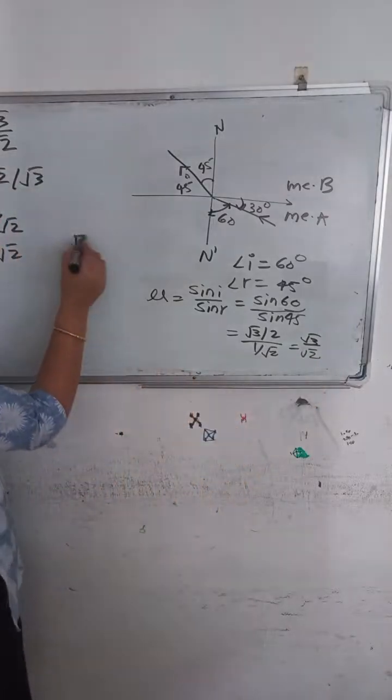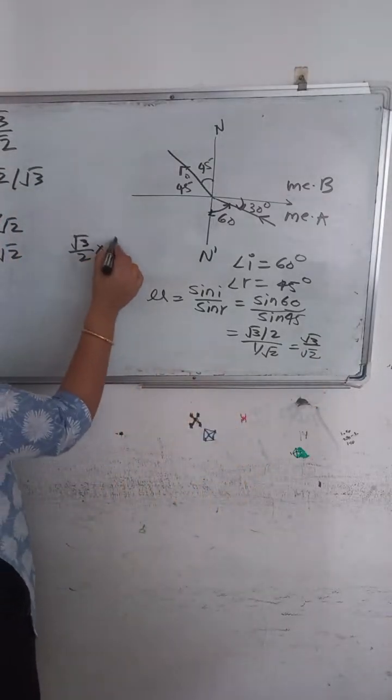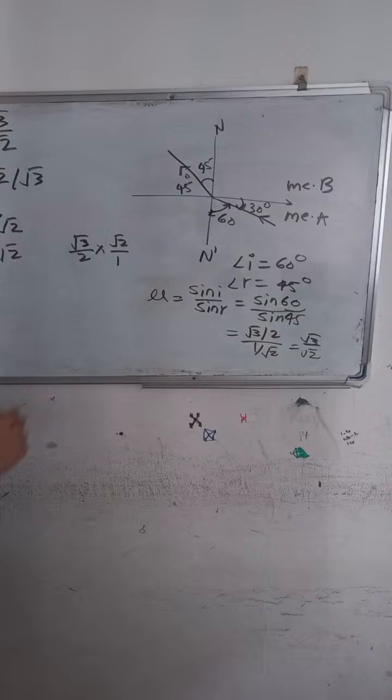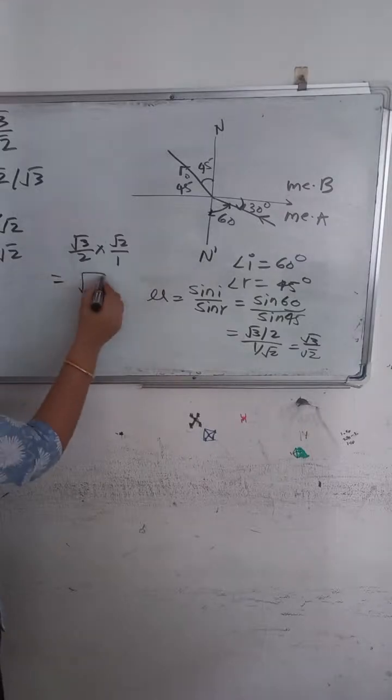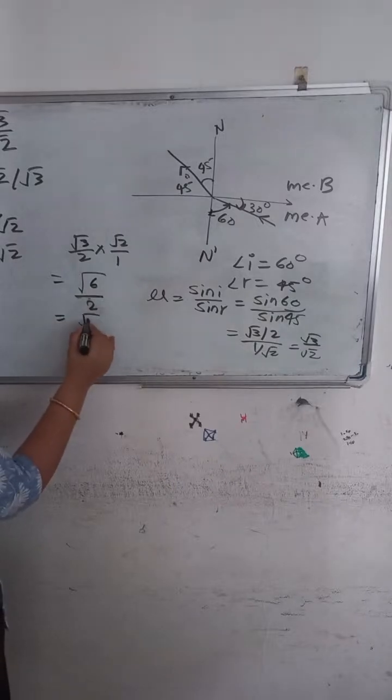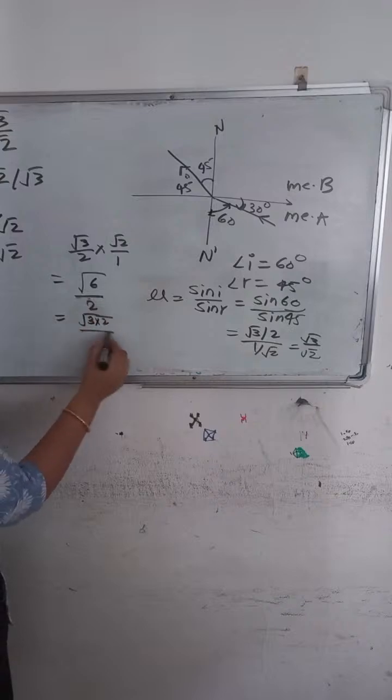You know the simplification, no? 3 by 2 into root 2 by 1. You can simplify this and then you will get the answer. So here you can write it as root 6 by 2. Here we can write 3 into root 2 divided by root 2 into root 2.